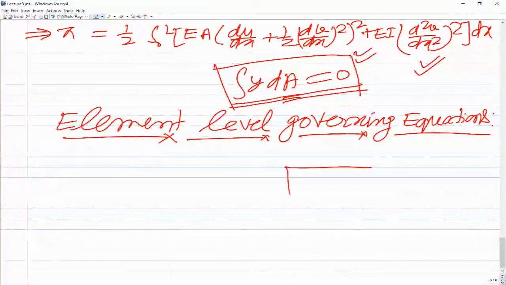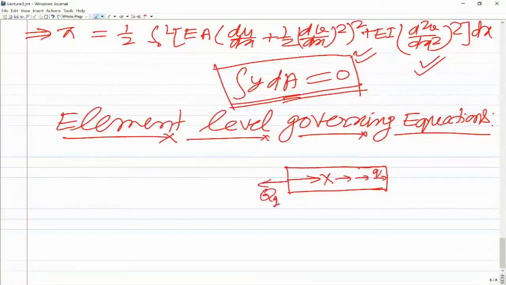A finite element means I am taking a part of the rod, and let us say the local coordinate system is capital X. Of course, this is a uniaxial state of stress and only axial load. So let us say the force is Q, and on the left end we will have, let us say, the force Q1.